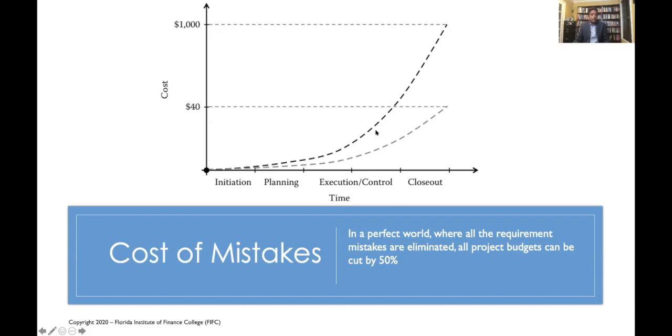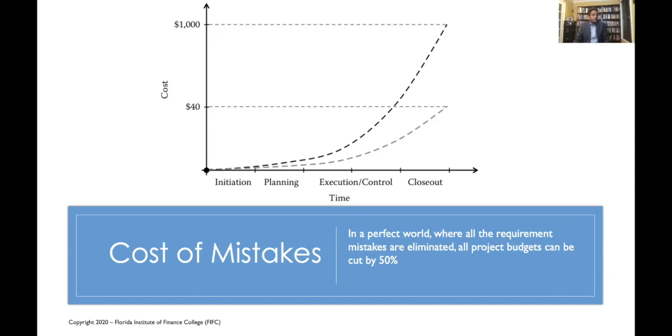Now, I'm going to tell you about a couple of research studies and then show you the data on why we are focusing on scope. The Standish Group, one of the respected consulting groups in Boston, published what we call the Chaos Report.